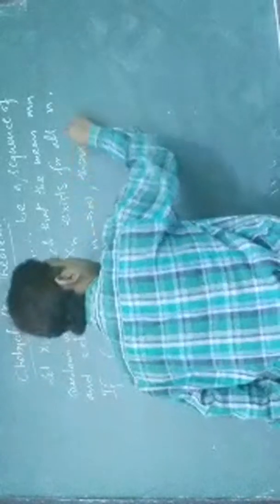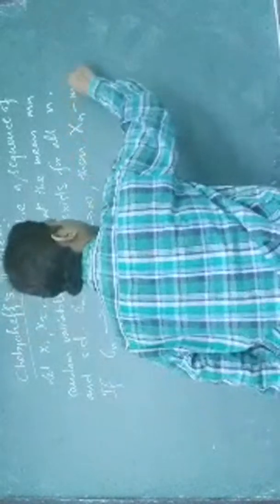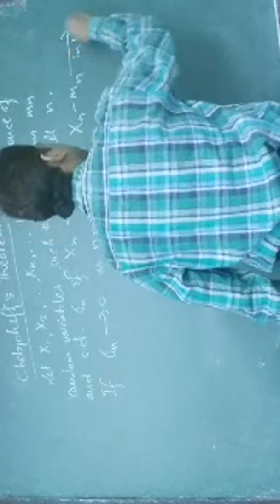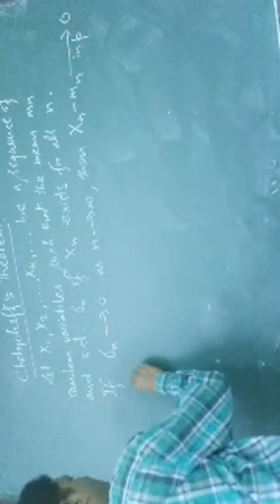If sigma n tends to 0 as n tends to infinity, then xn minus mn tends to 0 in p as n goes to infinity.